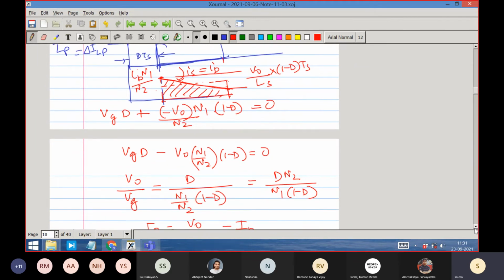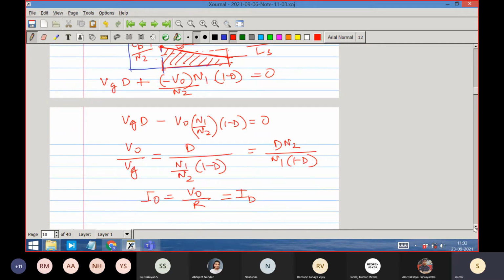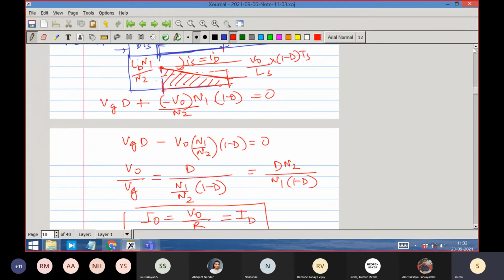So average value of the secondary current, if and diode current are equal. So what is the level of this current? I know it must be what? Can anybody tell?